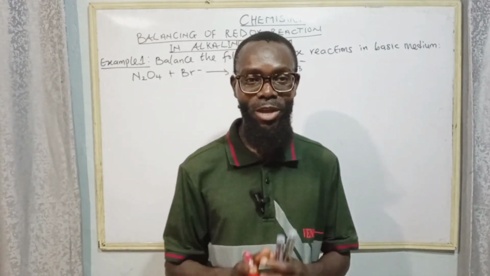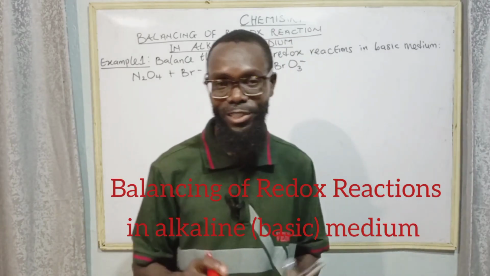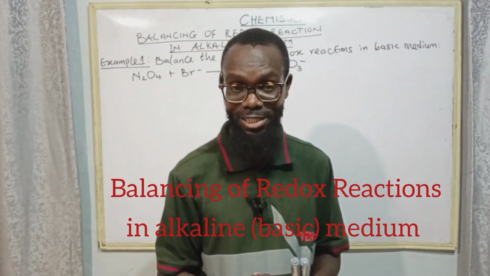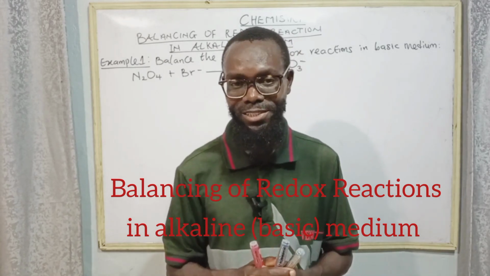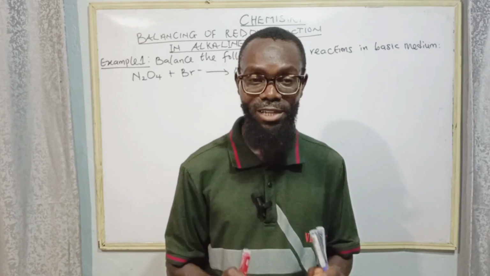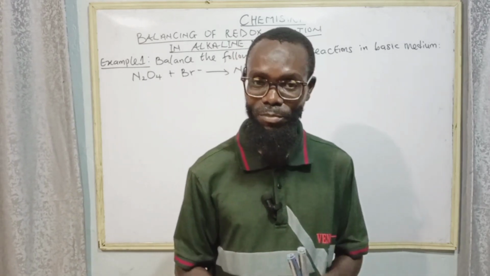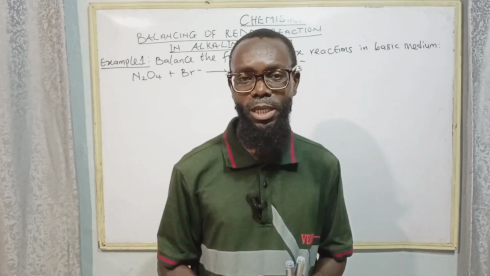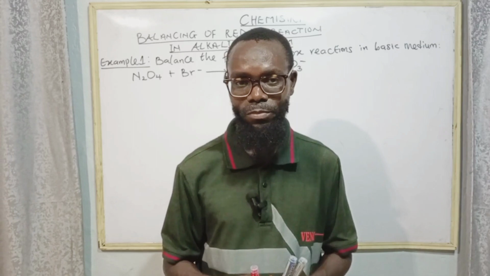In today's class, we are going to be looking at balancing of redox reactions in alkaline medium, that is, in basic medium. If you could recall, in our last class, we discussed how to balance redox reactions in acidic medium. So, today we are going to look at how to balance it in alkaline medium.